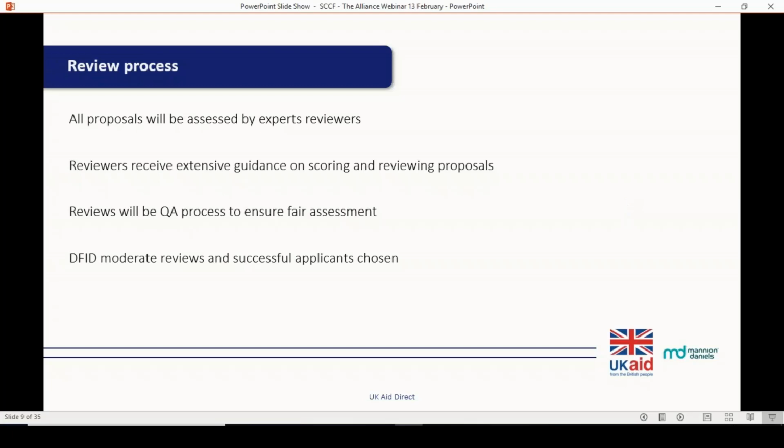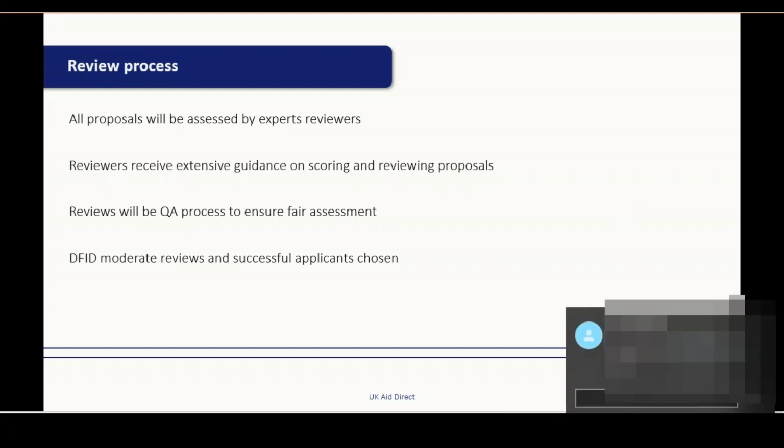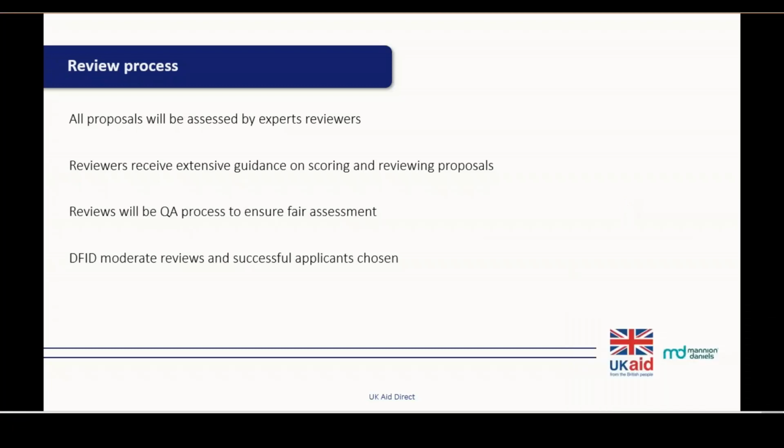And every applicant, whether they've been successful or unsuccessful, will receive detailed feedback about their proposal, and that will likely be in an overall strengths and weaknesses paragraph, which provides constructive feedback and outlines exactly the areas that perhaps you have fallen down in, or the areas that you were strong in.